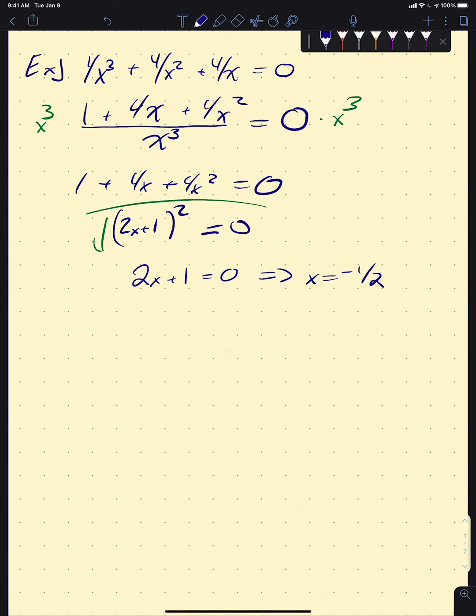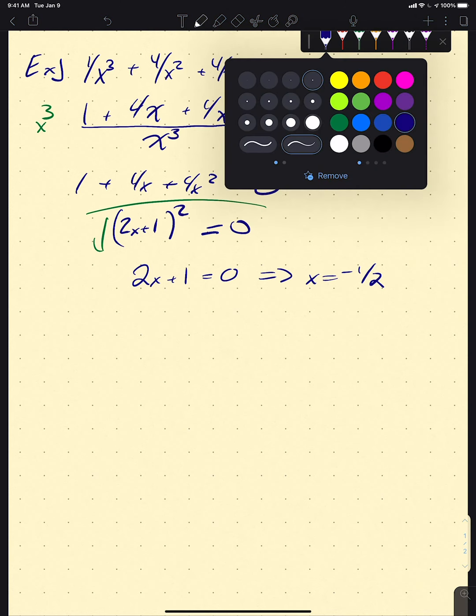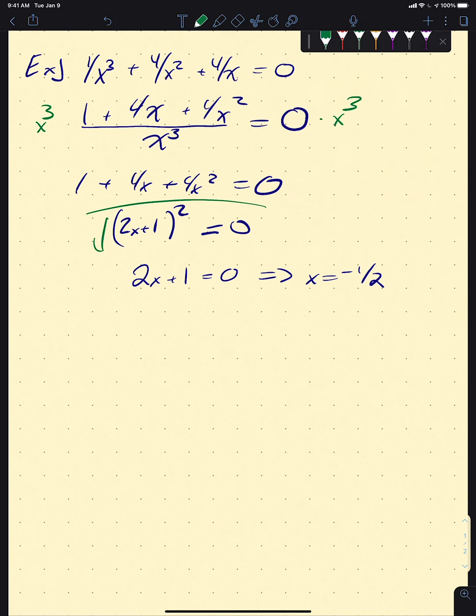Now I do want to make sure that I check my answer, right? So let's make sure that this actually does satisfy the equation. I have 1 over minus 1/2 cubed plus, actually that's a 4, 4 over minus 1/2 squared, plus 4 over minus 1/2.